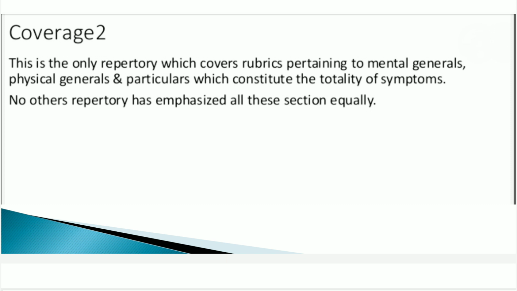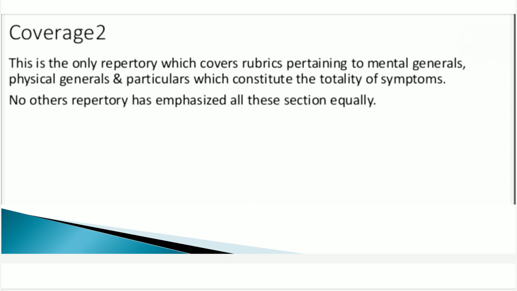Then this is the only repertory which covers rubrics pertaining to mental generals, physical generals and particulars, which constitute the totality of symptoms. No other repertory has emphasized all these sections equally.